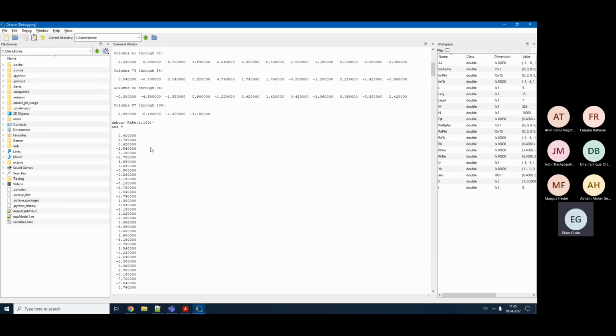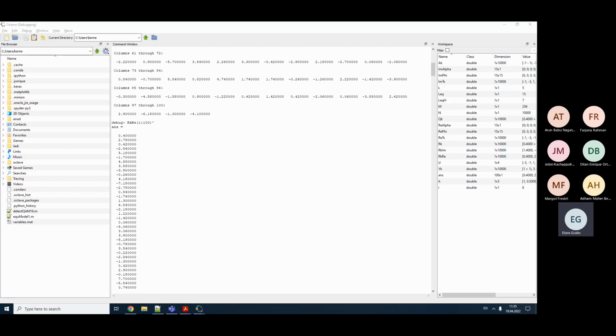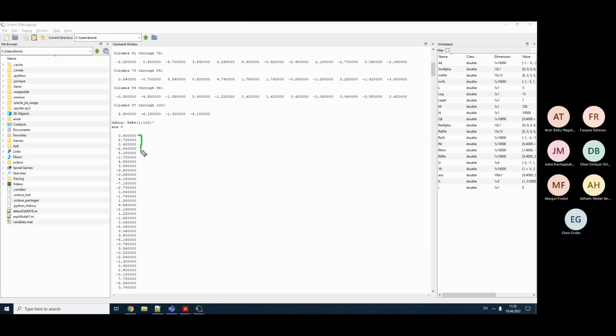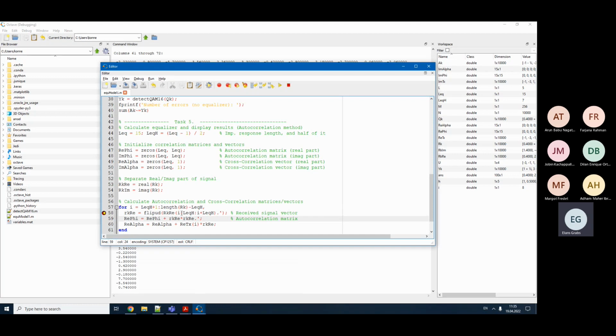Yes, here they are. So what we are going to do now is split the first 15 values. So basically, we are going to cut them out, and that's exactly this part. Yes, so we start with I equal to the minimum value of this.